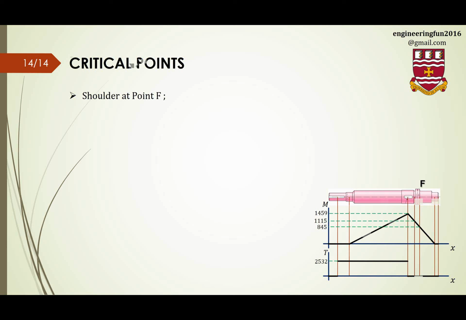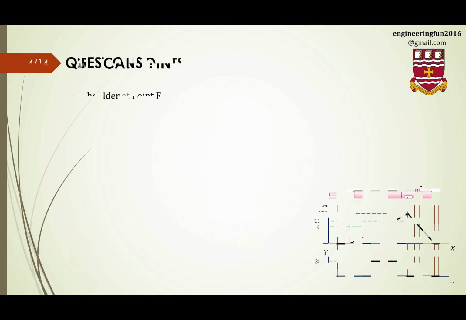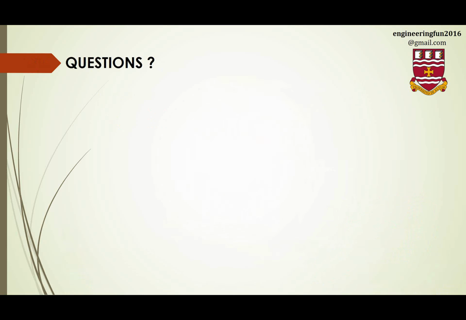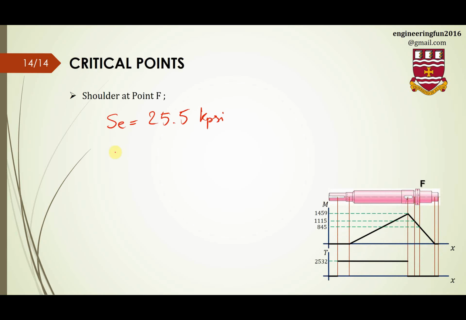So my Se was found 25.5 kpsi, and in this case, when we're at point F, there is no torque, so T is 0, so there is no amplitude and no average midrange torque, and Tm is 0.